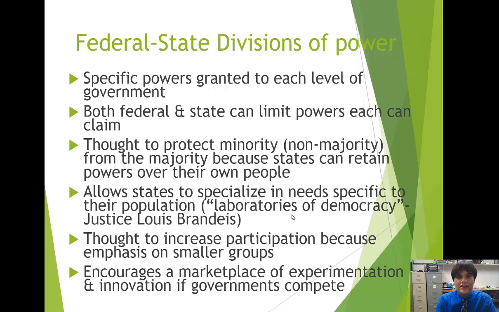If the federal government thinks that the state governments are doing something that's unconstitutional or against their interests, they can step in and limit the power of the states. But if the state governments group together and say the federal government is overreaching its bounds, they can step in and limit the powers of the national government as well. This is thought to protect the minority from the majority, because states can retain powers over their own people.